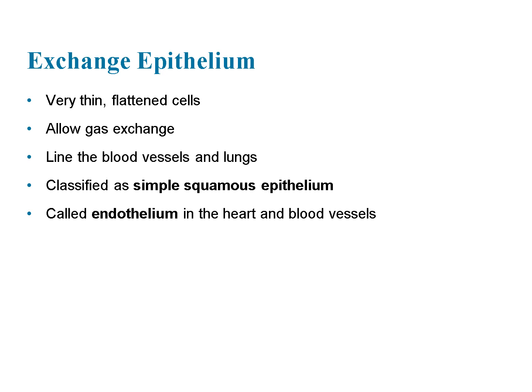You'll find exchange epithelium lining the lungs and blood vessels, where speed and efficiency are crucial. They're also called simple squamous epithelium because they're just a single layer of flat cells. In the heart and blood vessels, we have a special name for them: endothelium. This layer plays a critical role in ensuring smooth blood flow and efficient exchange of gases.